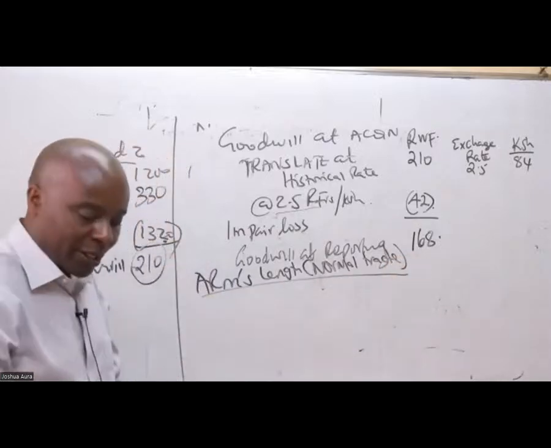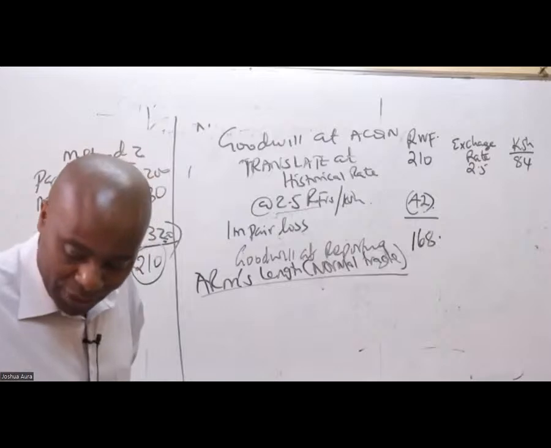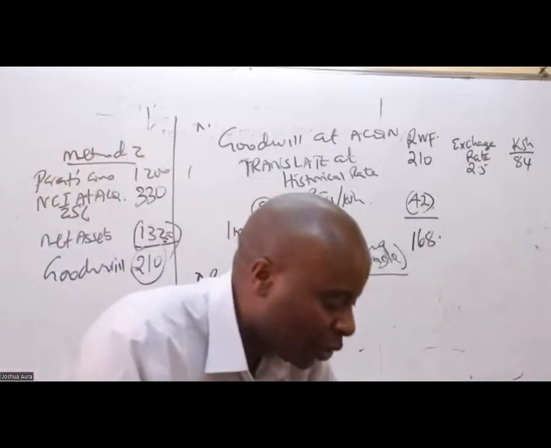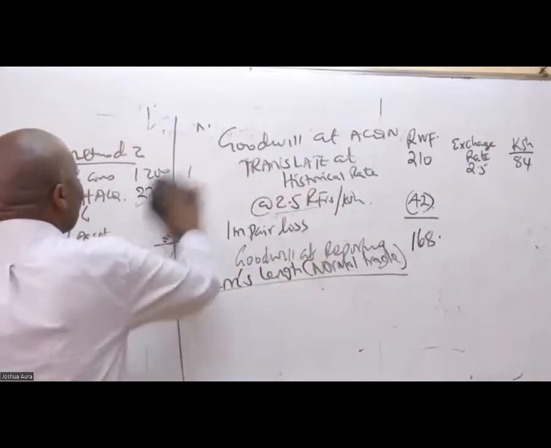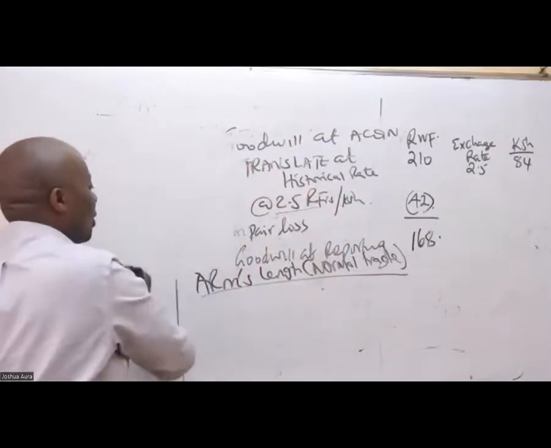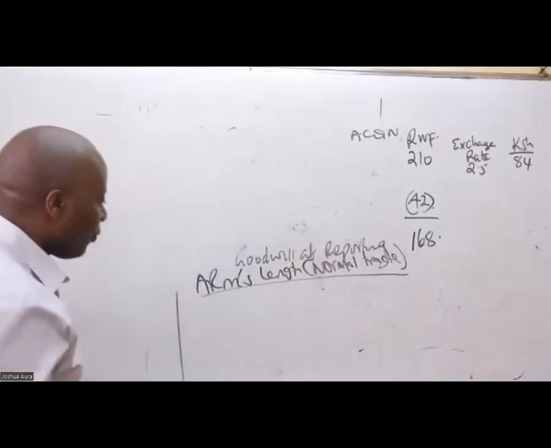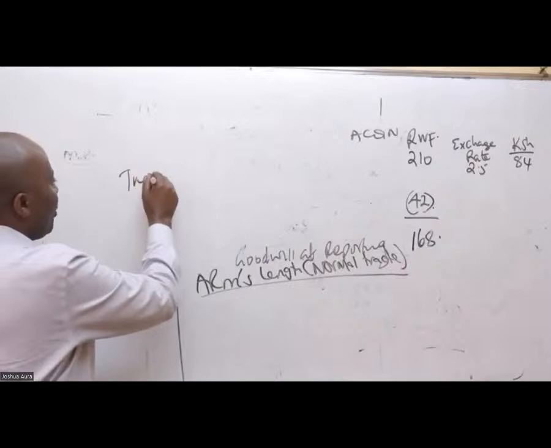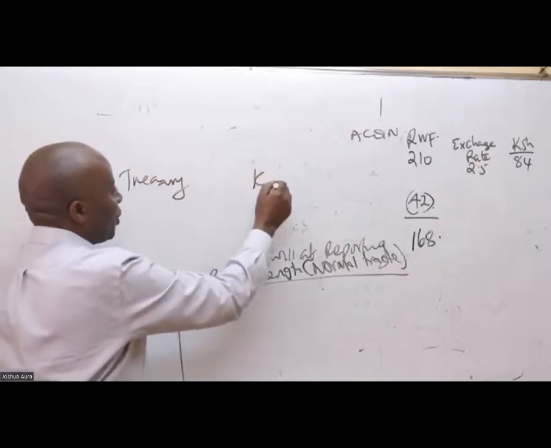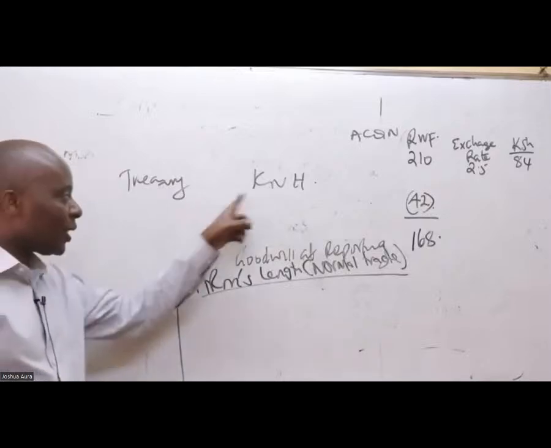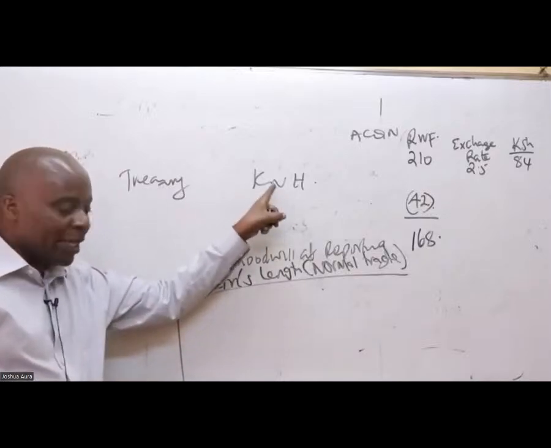Listen, ladies and gentlemen, assuming in government we have this kind of related parties. We have, for example, treasury, and then we have Kenyatta National Hospital. Of course, we know that the two are related, because this one must be getting money from the treasury.